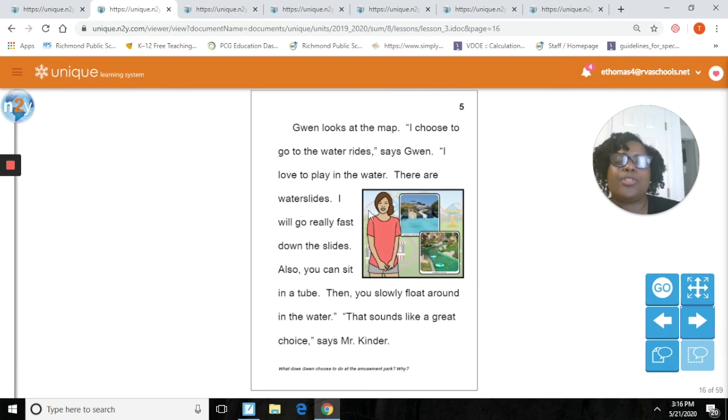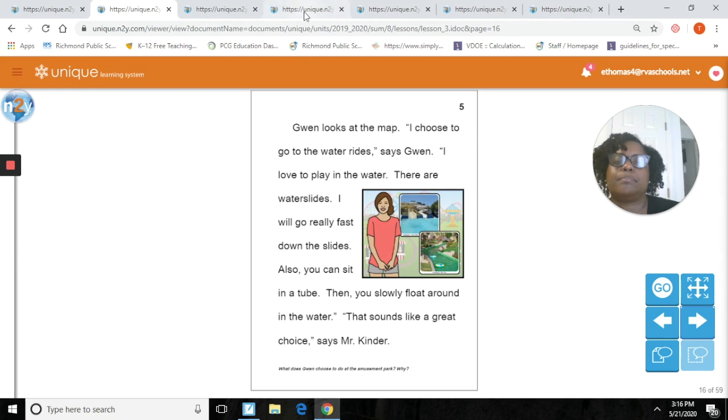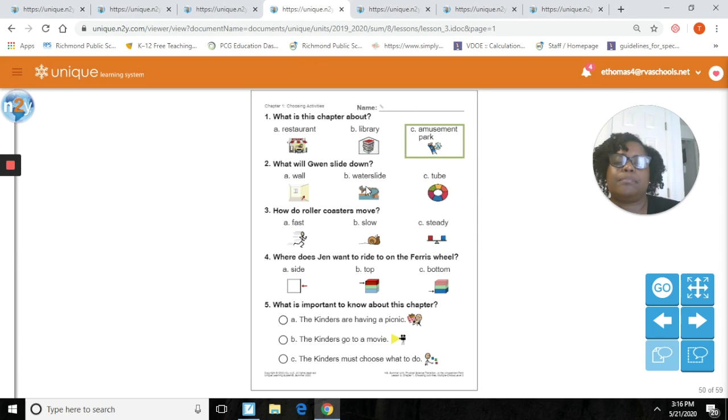So you know we have to go to that part of the story that talks about Gwen, right? What is she going to slide down? The water slide, okay? How do roller coasters move?